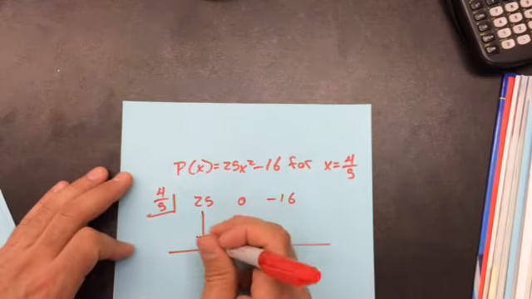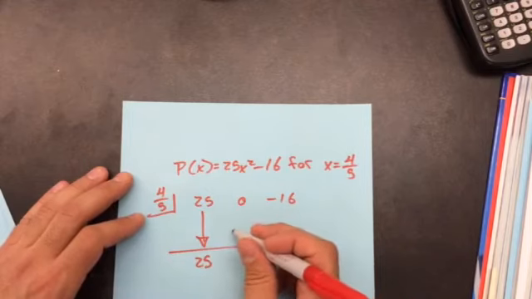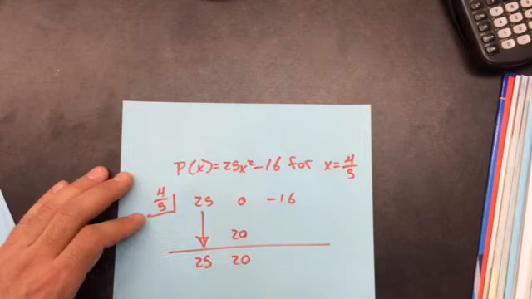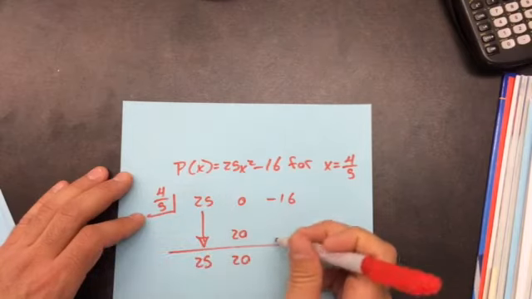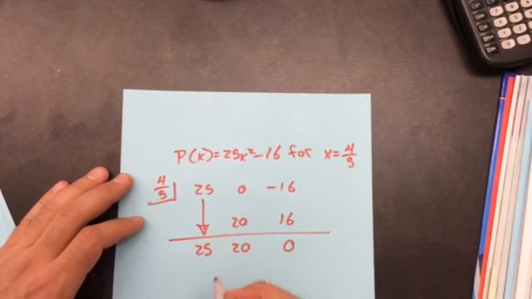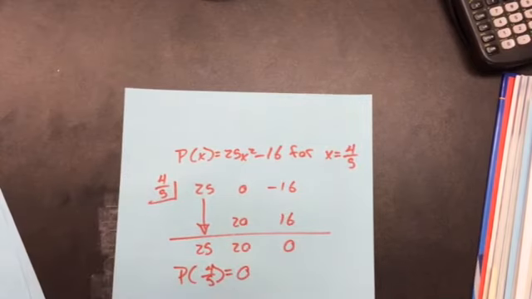Your first number always comes down, and then I multiply. It's going to be 20. Add them together, and then you multiply, which is going to be 16. Add them together. So since we got a remainder of 0, we would say p of 4/5 equals 0. And that's all that you're trying to do on this guy right here.